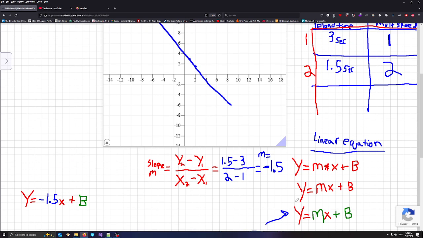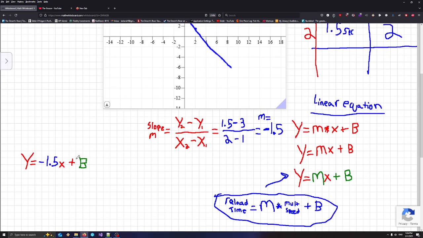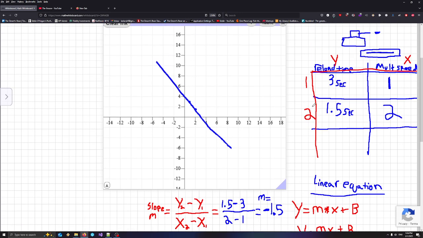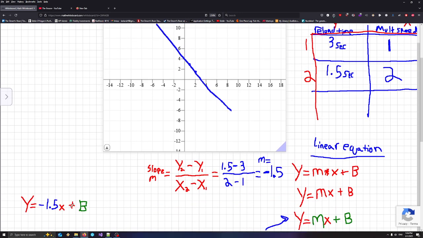And one way we could solve for b is plugging in values for x and y, because we have the values that we expect for x and y, and then we can just do some algebra to solve for b. So let me double check my math on this, because I don't want to confuse you guys.